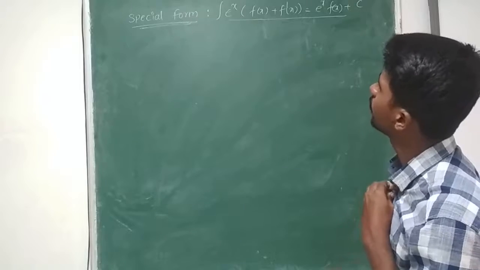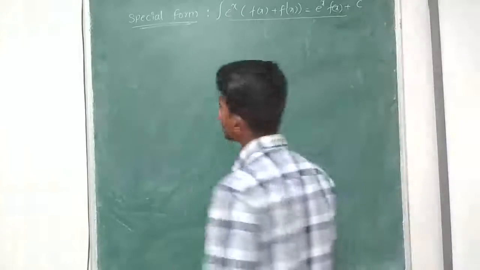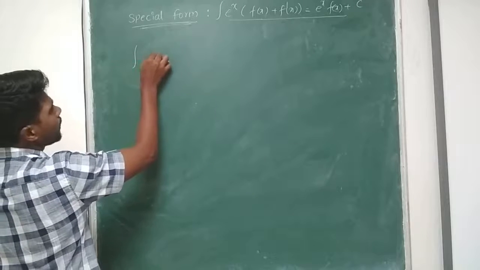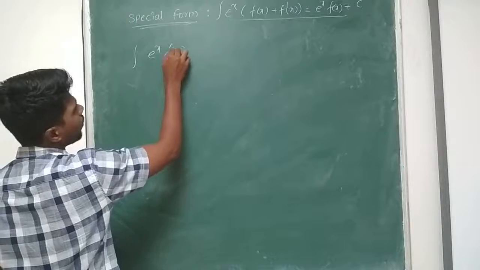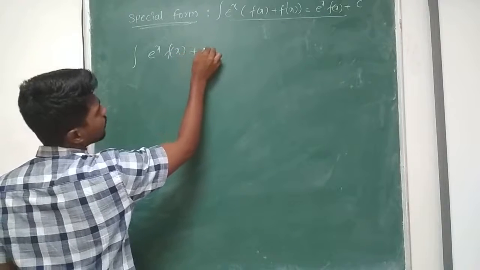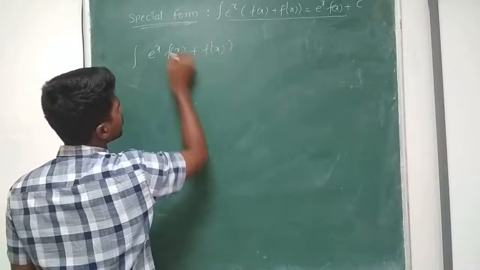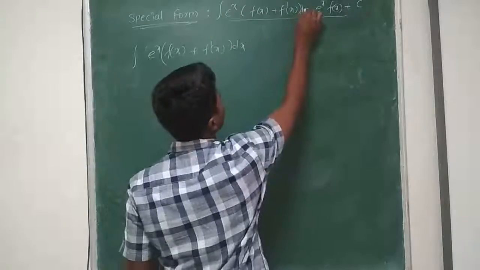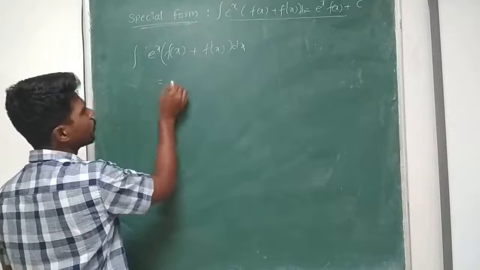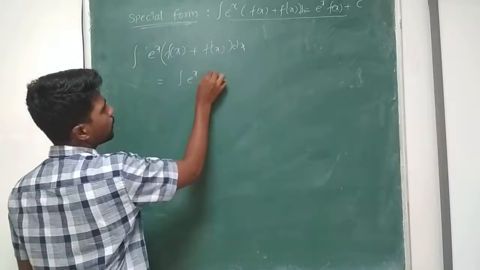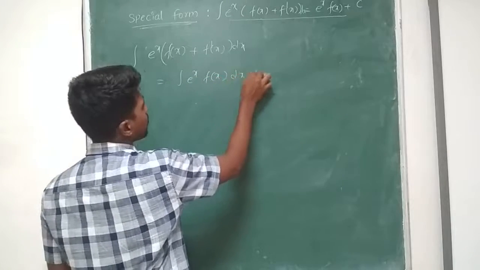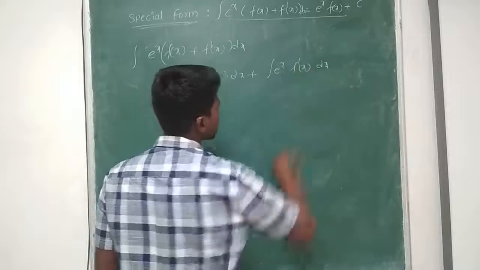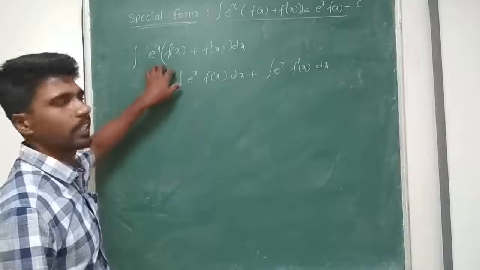If I want to find the integration of the LHS, consider integral of e^x [f(x) + f'(x)] dx, which is equal to integral e^x f(x) dx plus integral e^x f'(x) dx, with the help of properties of integration.